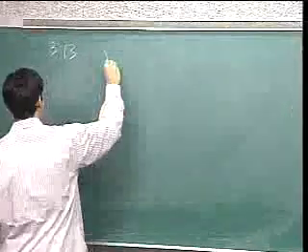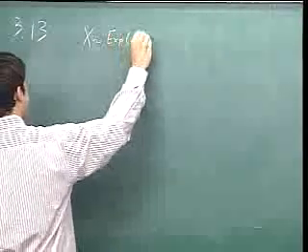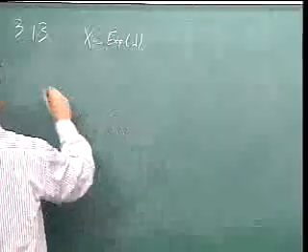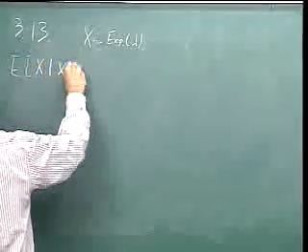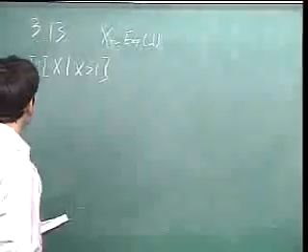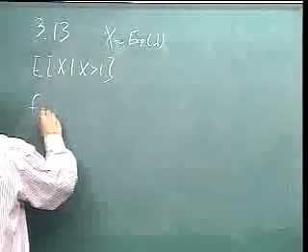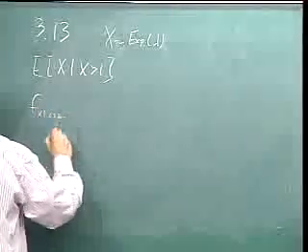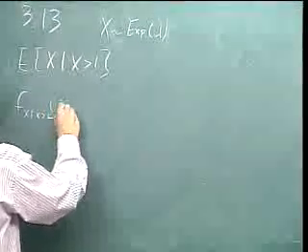So x is exponential lambda, and we want to find the expected value of x given x is greater than 1. Well, first of all, let's see what is f of x given x is greater than 1, at a little x.